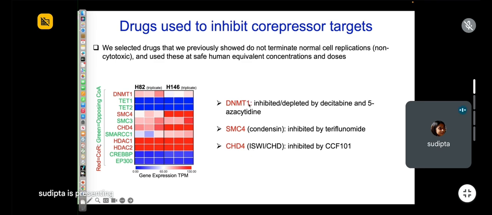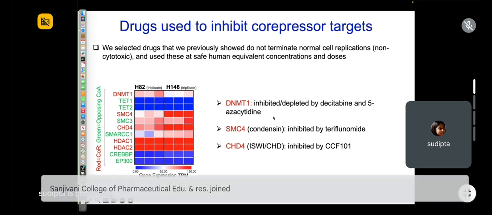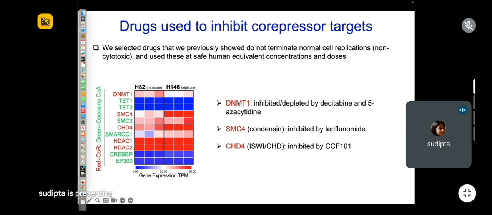So the DNMT1 enzyme can be inhibited by two FDA-approved drugs, decitabine and 5-azacitidine. These are prodrugs which target DNMT1, and doctors are already using them for MDS and AML patients, that is, myelodysplastic syndrome and acute myeloid leukemia.